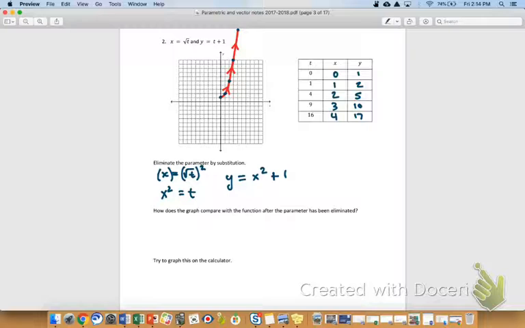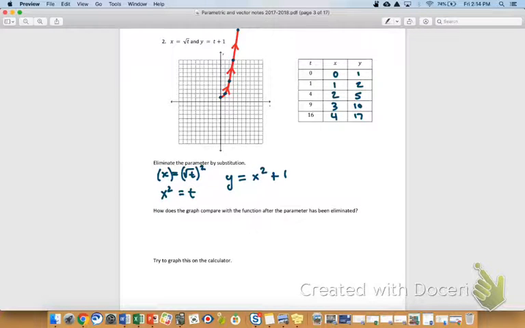Of course, how do you guys think that you would get the left half of the parabola? Because we only get the right half. How would you get the whole parabola without changing the x and the y at all? How could you get the whole thing?